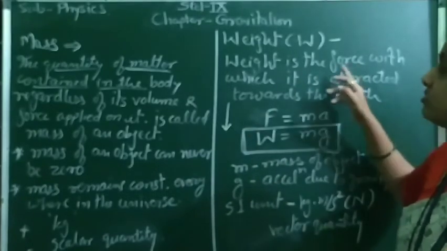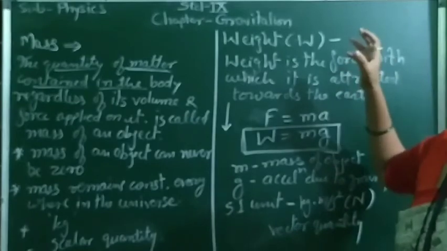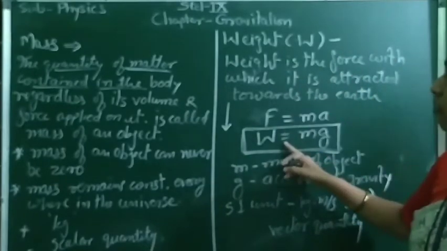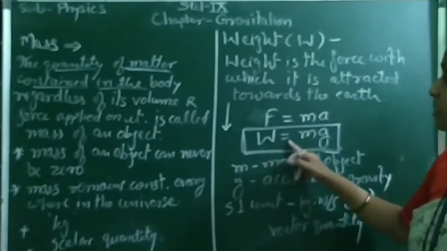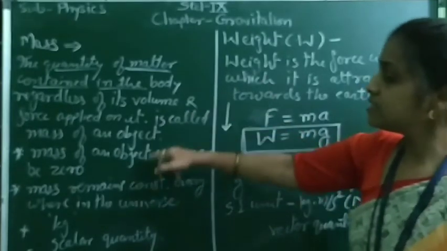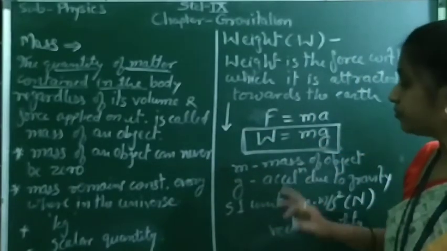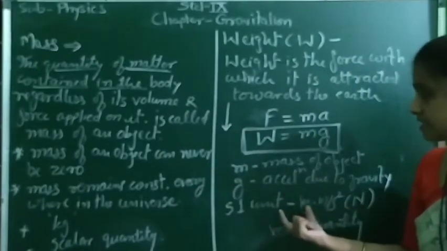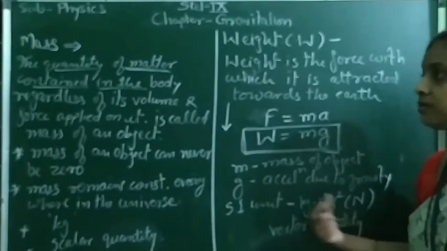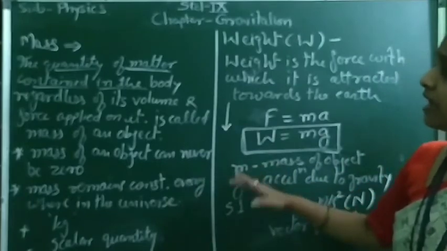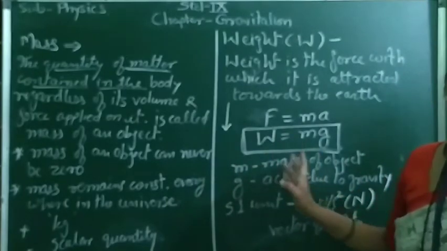So weight of an object is the force with which it is attracted towards the earth, and its formula is W = mg. Mass is denoted by m and weight is denoted by W. The SI unit of weight is Newton, but the SI unit of mass is kg. So here we can easily differentiate between mass and weight.